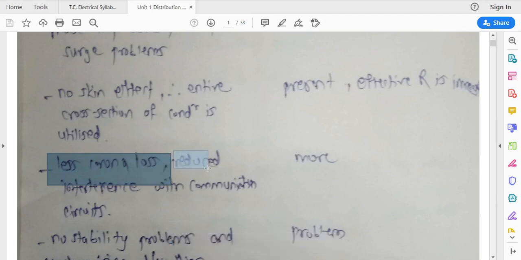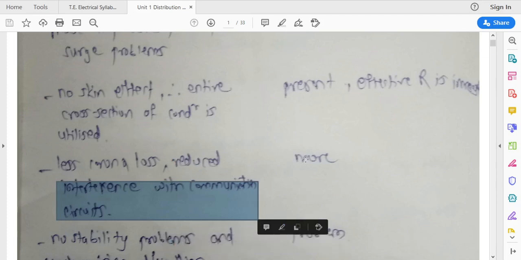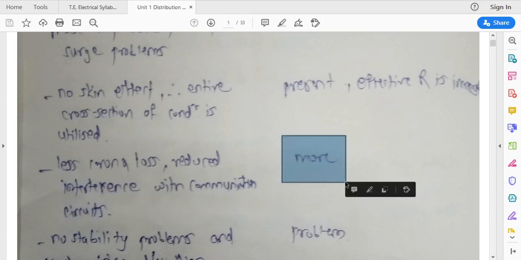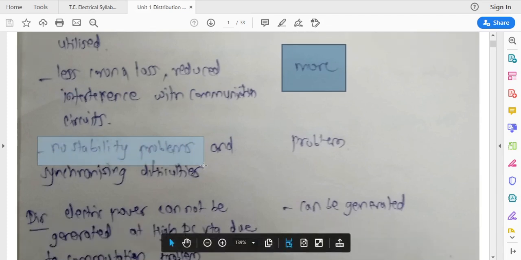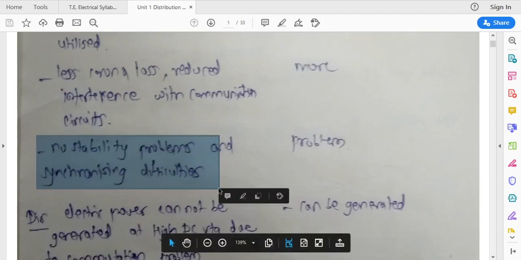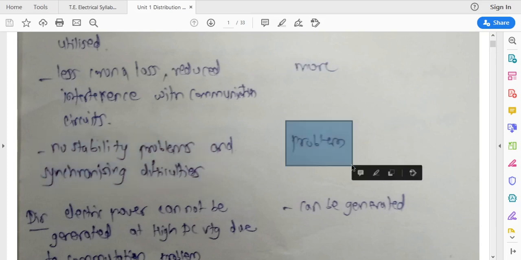There is also reduced interference with the communication circuits, so this is very advantageous. In case of AC transmission, there is more corona loss as well as interference with the communication lines. In the DC, there are no stability problems and synchronizing difficulties, whereas in the case of AC, there is always a stability problem and always synchronizing difficulties.